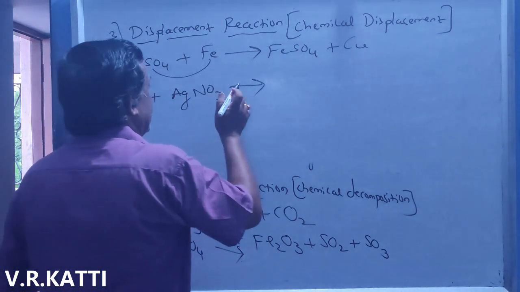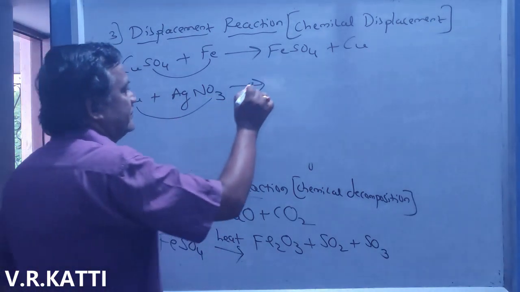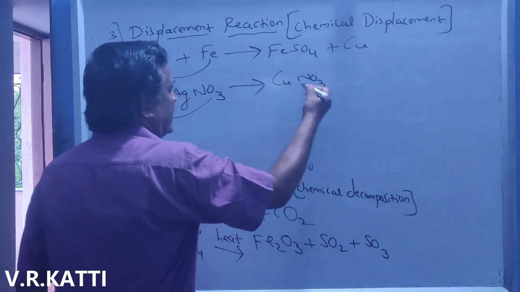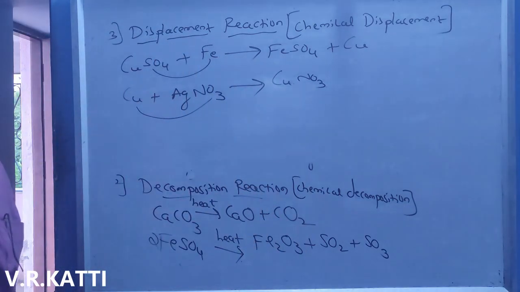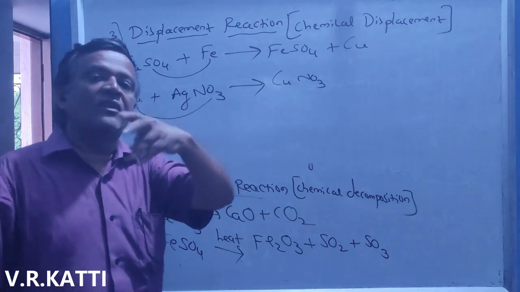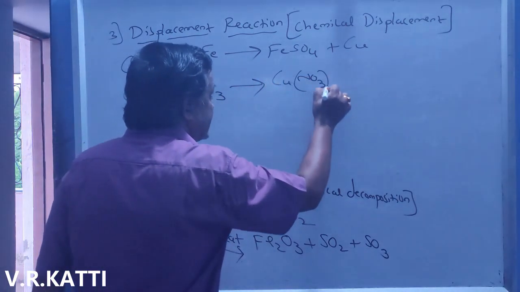So Cu, NO3. Students, CuNO3 is not a compound. If you write CuNO3, it is wrong. Cu(NO3)2 is a compound.